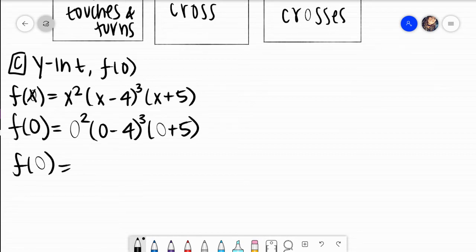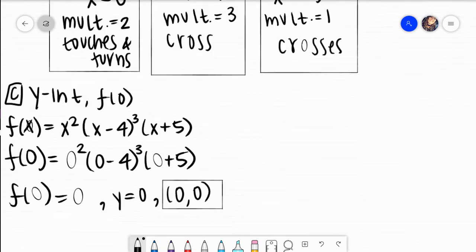Even if individually you looked at that cubed factor, 0 minus 4 would be negative 4. I don't really care numerically what that equals, because since this is all multiplying each other, once one thing goes to 0, multiplying everything by 0 makes it 0. So my f of 0 is 0, which tells me that my y equals 0, which means my coordinate point would be (0, 0) for my y-intercept.